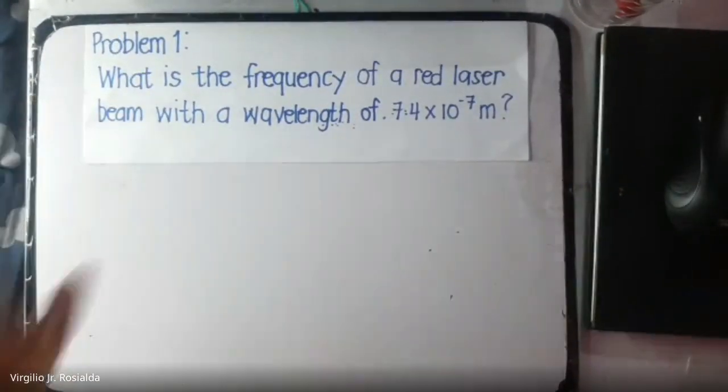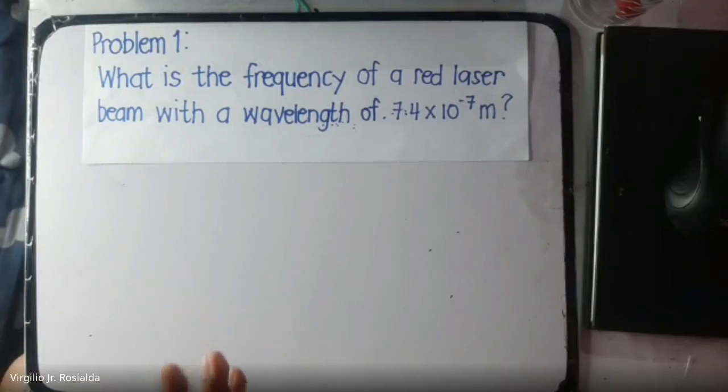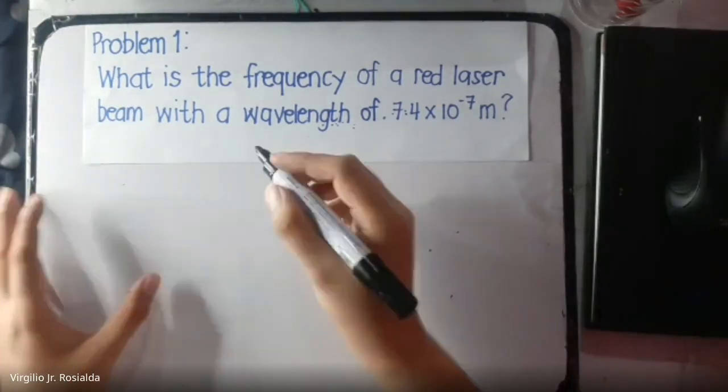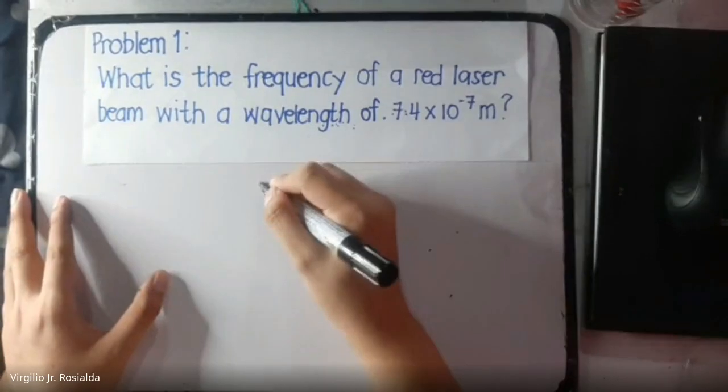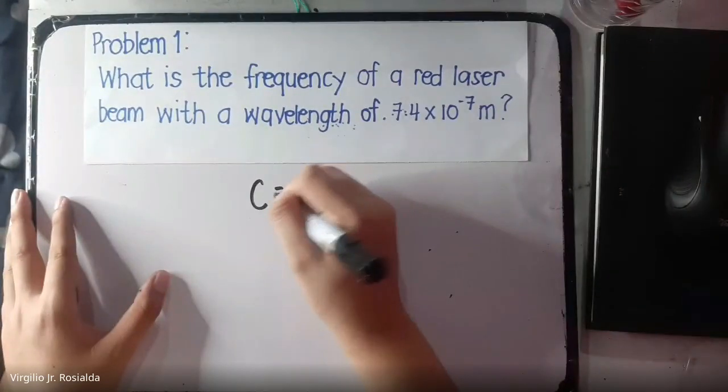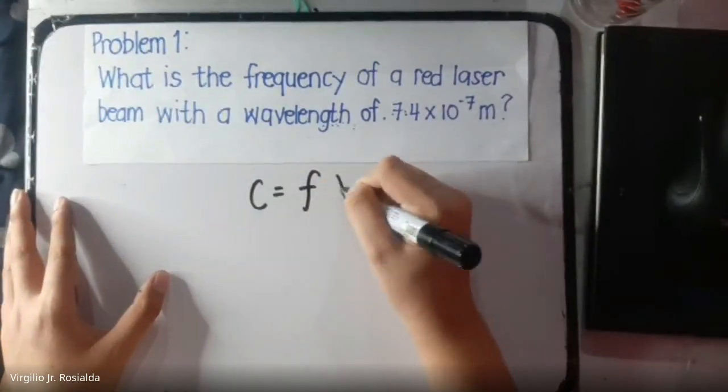Okay. So problem number one, what is the frequency of a red laser beam with a wavelength of 7.4 times 10 raised to negative 7 meters? So this is very easy lang naman. So we're going to use our main formula. Okay, the formula is C is equal to frequency lambda.